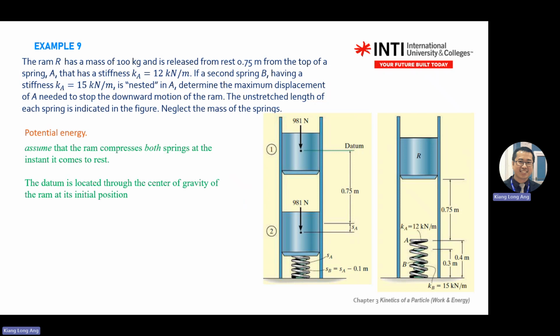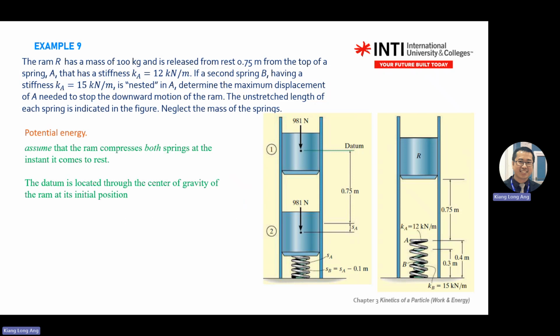So when it comes to stop, it must be pressing spring A and touch spring B. So this line is the initial position until here. Then it must be pressing SA. So SA moves a certain distance. We don't know how much it moves, but there is a distance. So we mark a position going down with this SA.